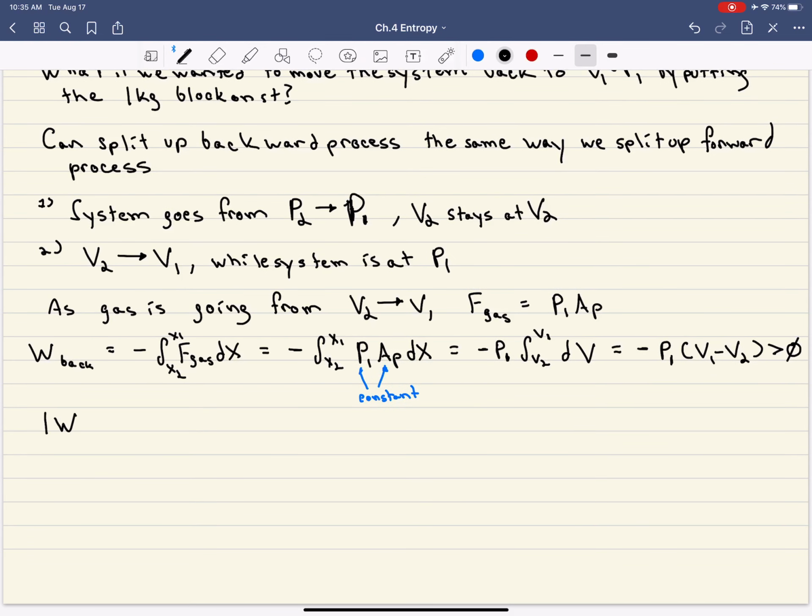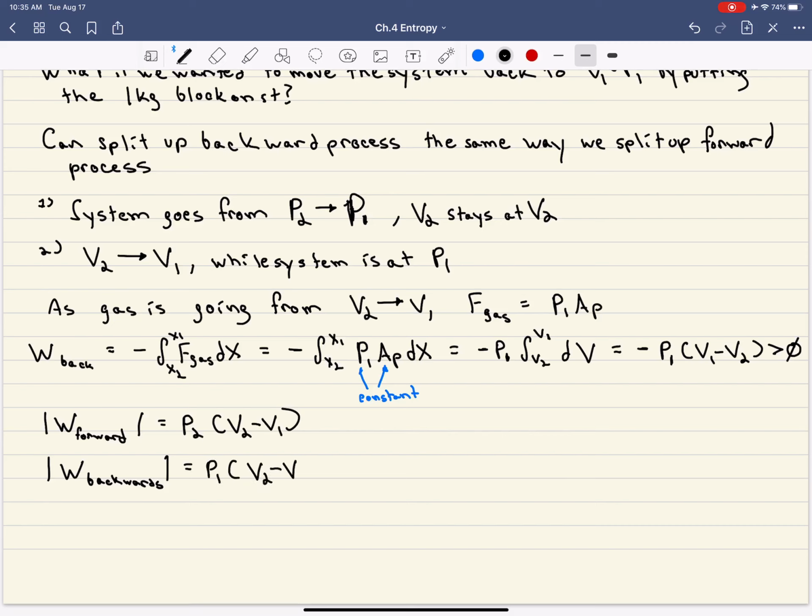The magnitude of the work forward, so if we're even just ignoring all the signs, is pressure 2 times V2 minus V1. The work backwards, once again ignoring signs, is pressure 1 times V2 minus V1.